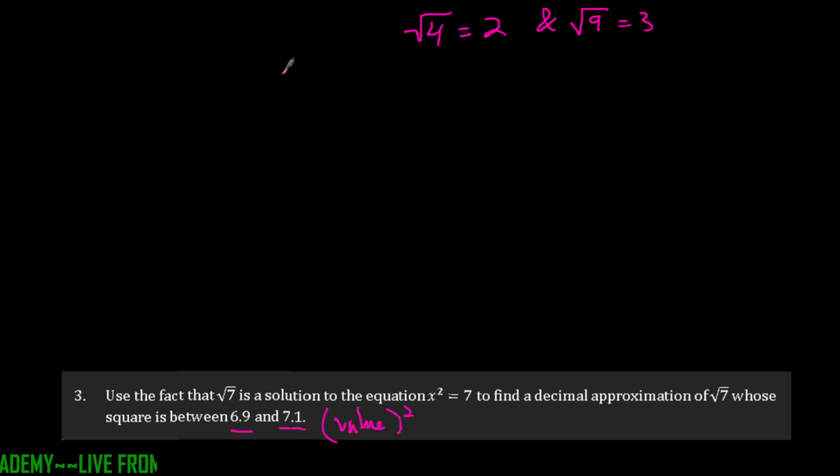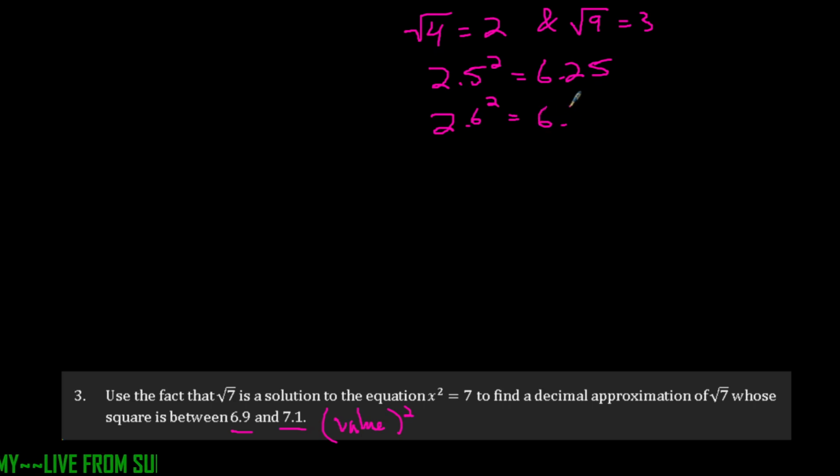So let's try some of these out. 2.5 squared is 6.25. Need a little bit higher because we're trying to get past 6.9. Let's try that again. 2.6 squared is 6.76. We're getting closer. Let's keep going. 2.7 squared is equal to 7.29. So we know it's in between these two.